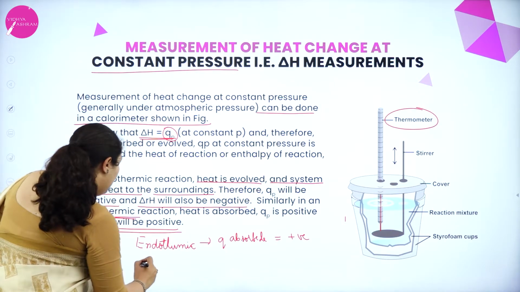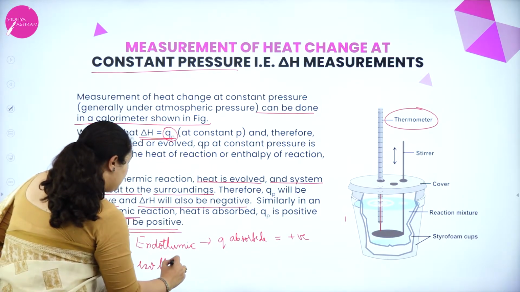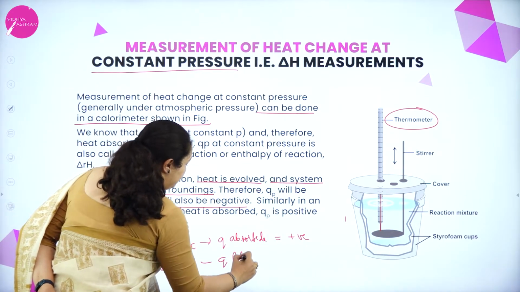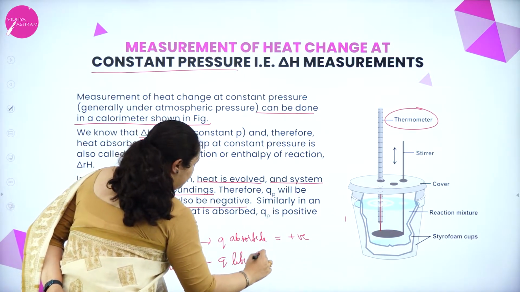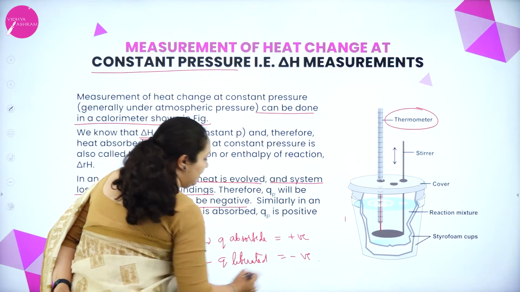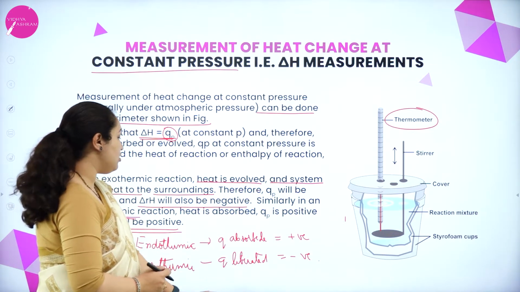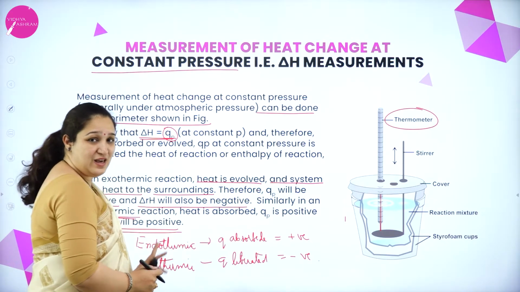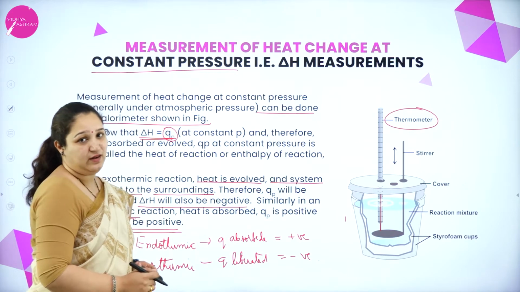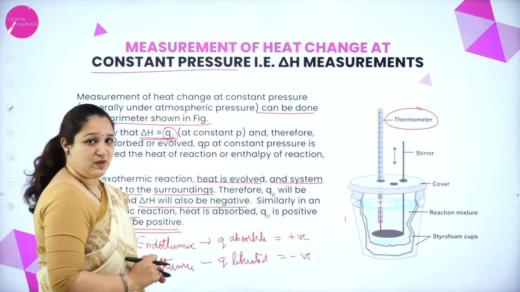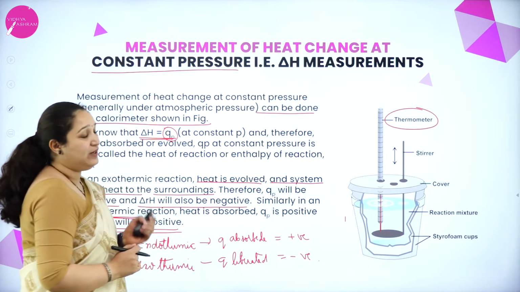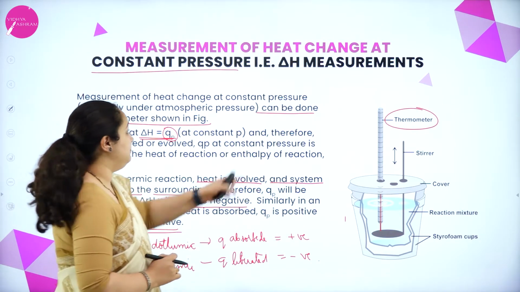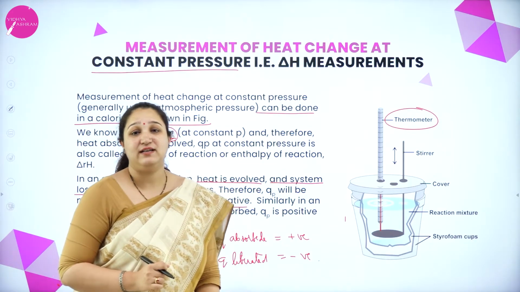In an exothermic reaction, heat is liberated, and this will be negative. So delta H, in an endothermic reaction, is positive. In an exothermic reaction, it will be negative. This you have to remember. Okay, so that's about the measurement of heat change at constant pressure to calculate delta H.